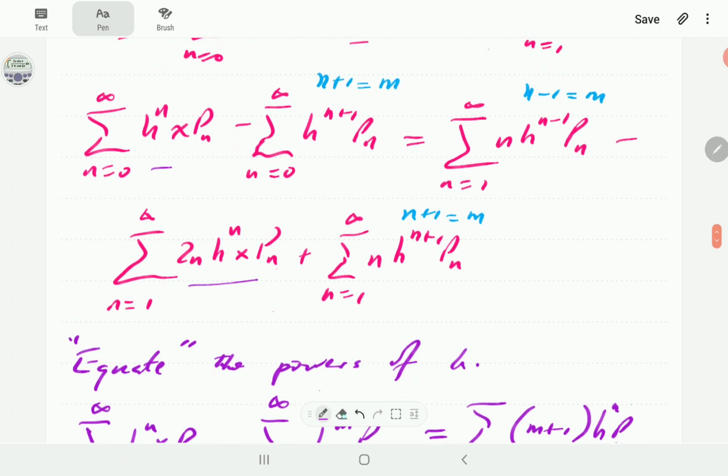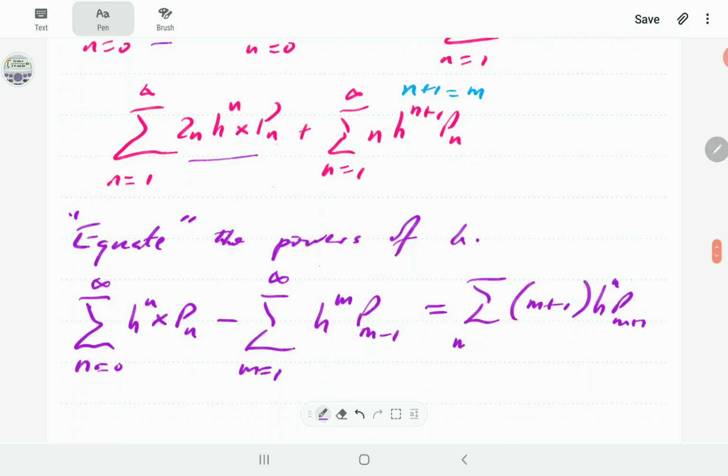And then for the lower summation limit, when n is 1, m is 0 for this term. So our lower summation limit now is going to be m equal to 0.